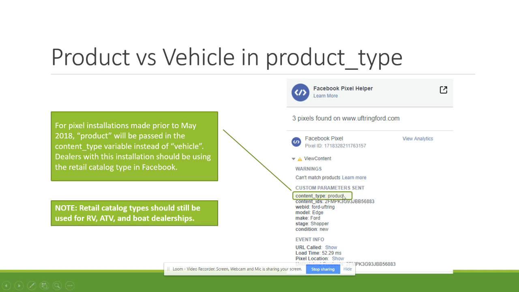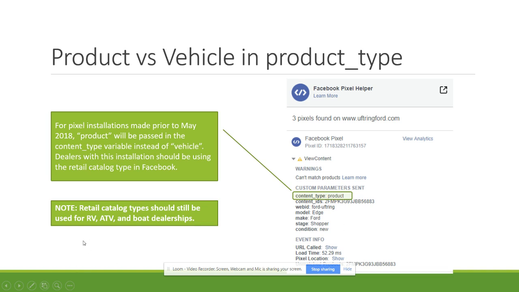So essentially any installation that we made before May 2018 will most likely have product in here, which is totally fine as long as you are also using the retail catalog type within Facebook. If you see vehicle, it should be the automotive catalog type. So just make sure you got that match and everything is fine.